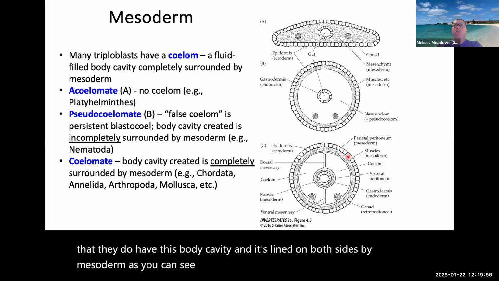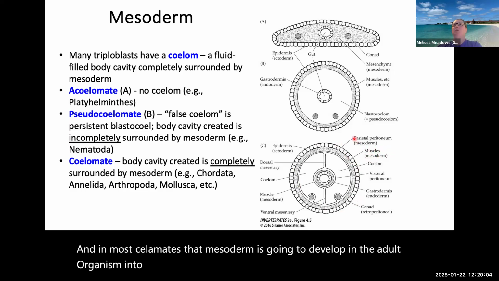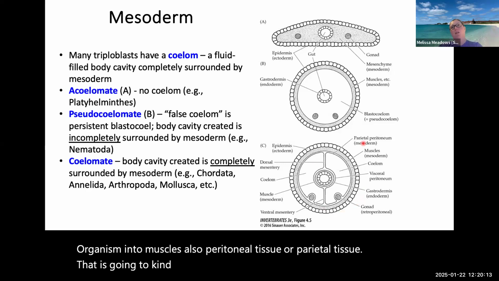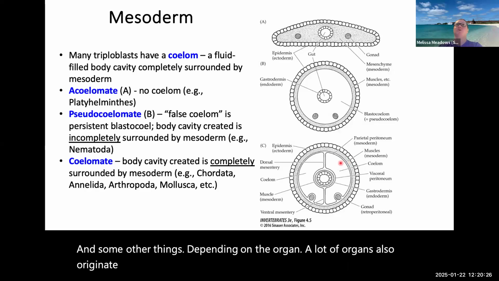And in most coelomates, that mesoderm is going to develop in the adult organism into muscles, also peritoneal tissue or parietal tissue, that is going to kind of line our organs and our body cavity. And yeah, some other things depending on the organ. A lot of organs also originate from embryonic mesoderm.